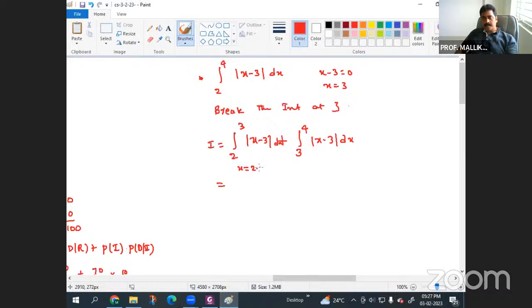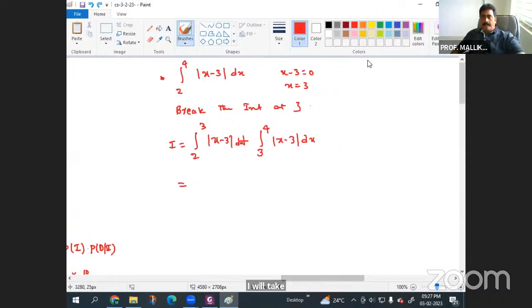I will take another color, blue. x equal to 2.5, so mod of 2.5 minus 3, you'll get as negative.